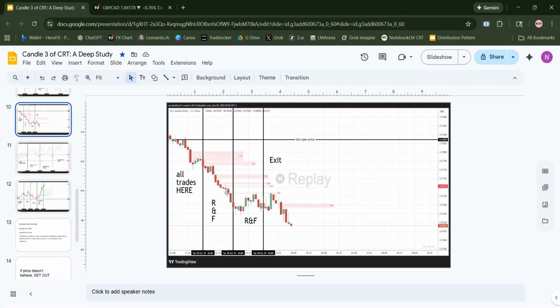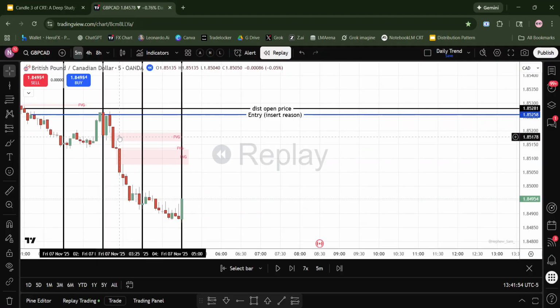You want to see those fair value gaps developing in hours 2 and 3. Did it do that here? Not in this one, they got taken out, but then it didn't rise above the open price, so that's good. And then in hour 3, it created some more fair value gaps to show that price is moving fast and there's momentum to the downside. That's it. So we take a screenshot.